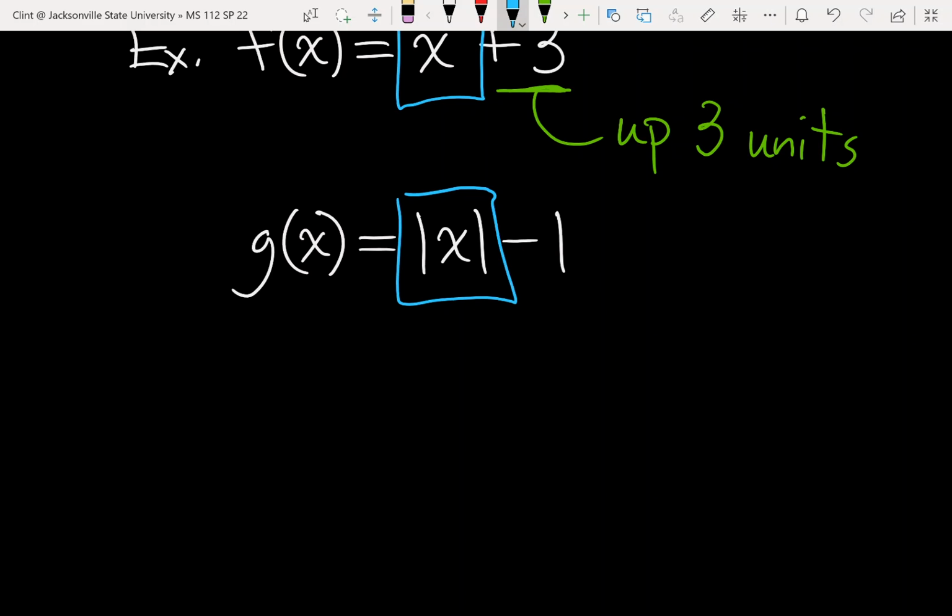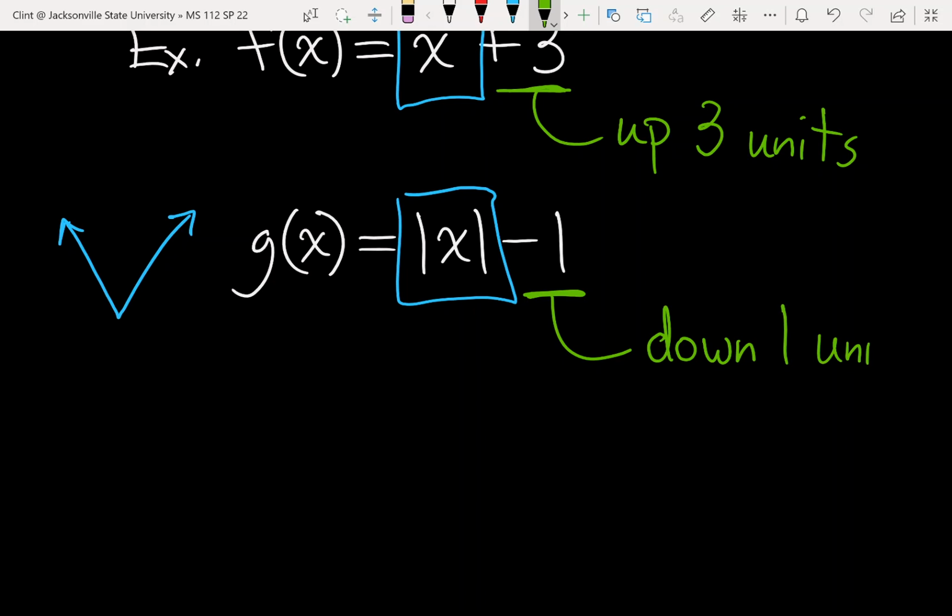What kind of shape is that graph going to have? Like a V, yep. And then minus 1 out here. Which way are we going to go for that? Go down 1 unit, yeah.